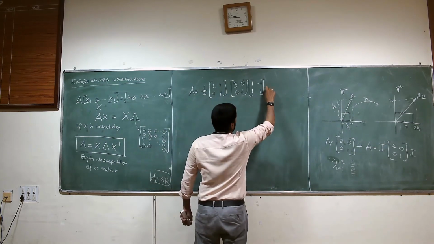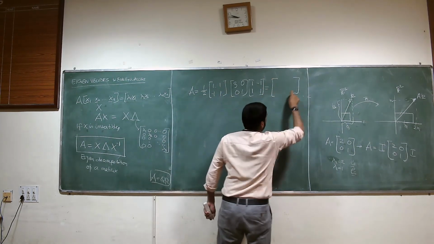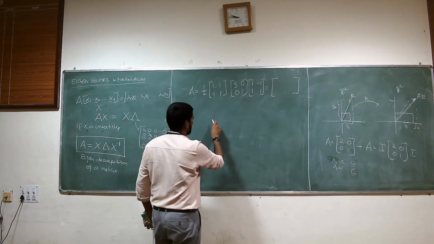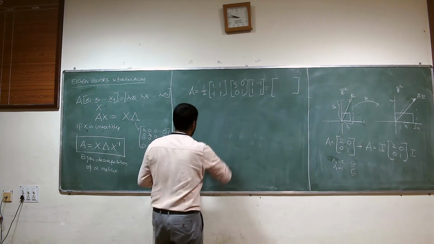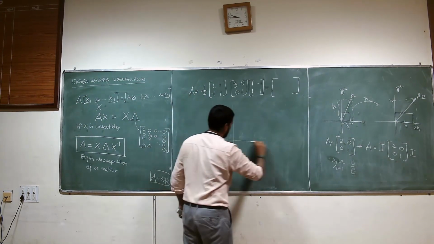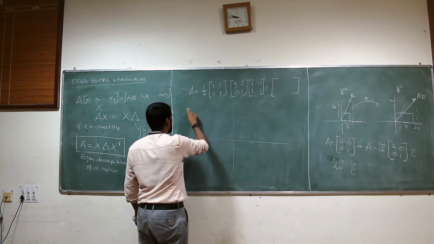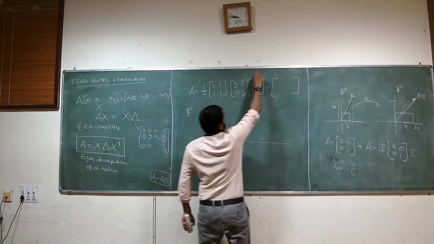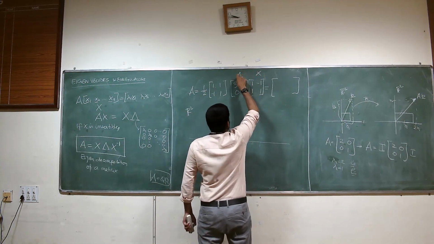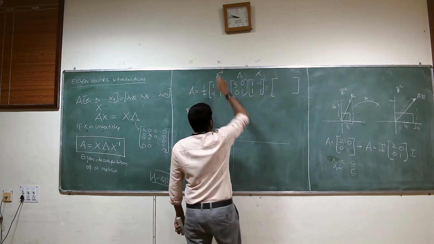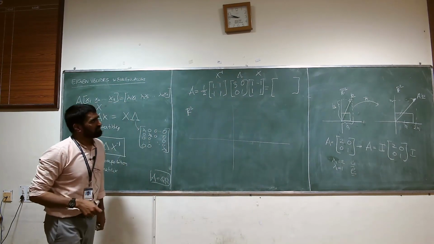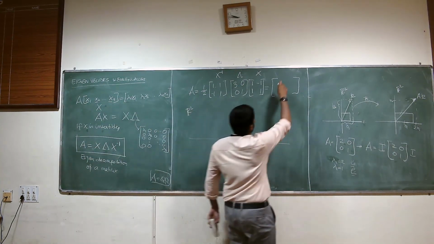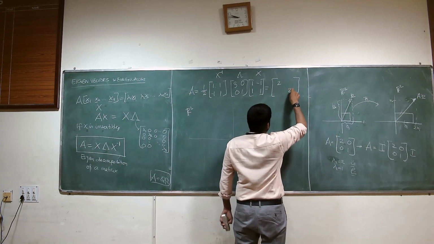You can tell me what you get for A. So you can think of this as X lambda X inverse. What is A? I think it will give me, just verify.